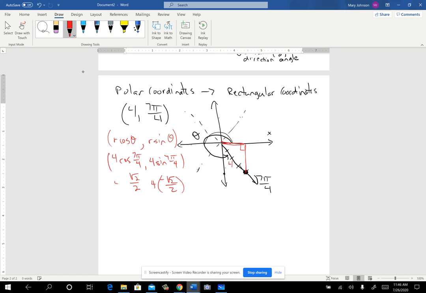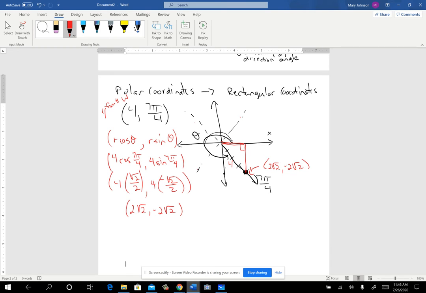Multiply by 4 on each of those and simplify, and you wind up getting 2 square root of 2 and then negative 2 square root of 2. So the coordinates of that point, rectangular coordinates, would be 2 square root of 2, negative 2 square root of 2. Okay, so this was my problem number 4 from the homework.